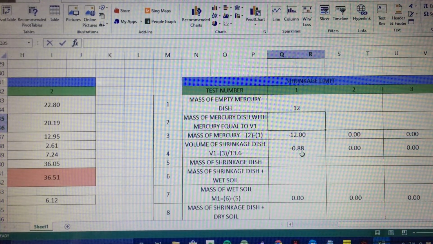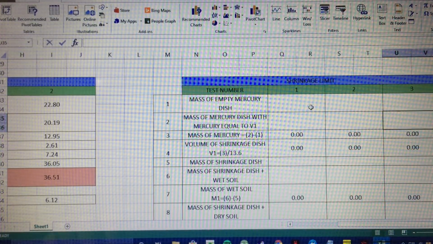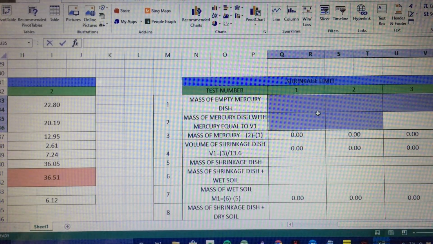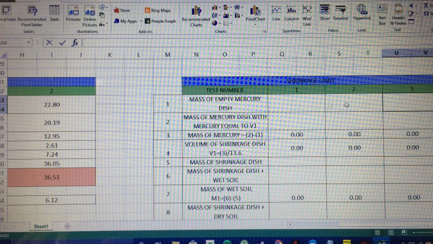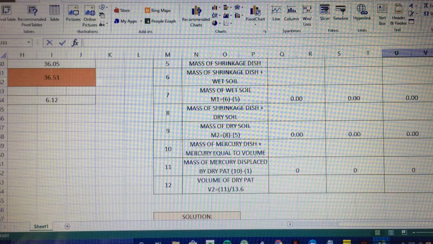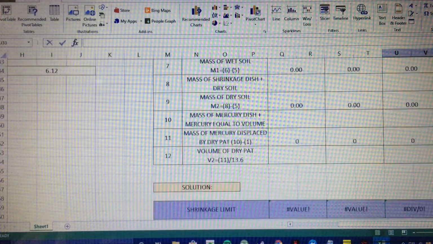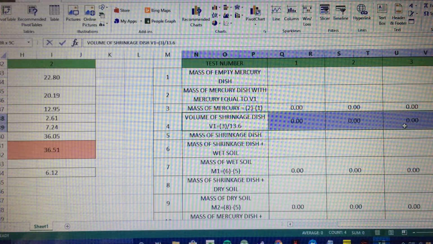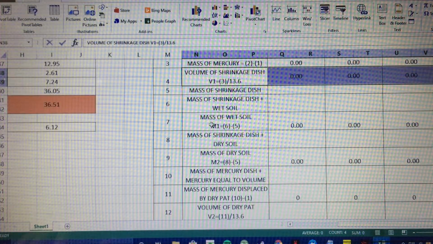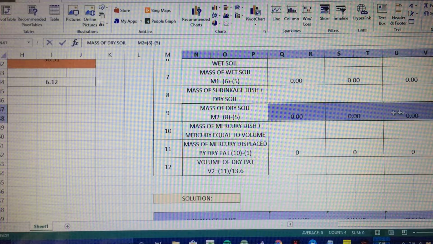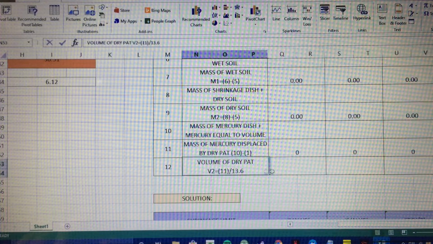Para malaman kung saan dapat ilagay yung data, dinagdagan ko na lang siya ng space. So, dito. Ito yung mga kailangan na given for shrinkage limit. The V1, volume of shrinkage dish. And ito, M1, the M2, and the V2.